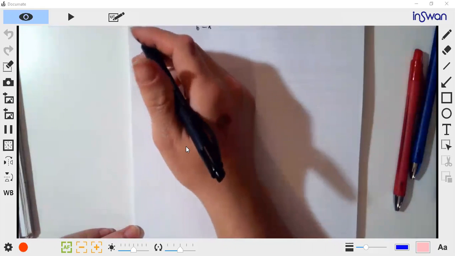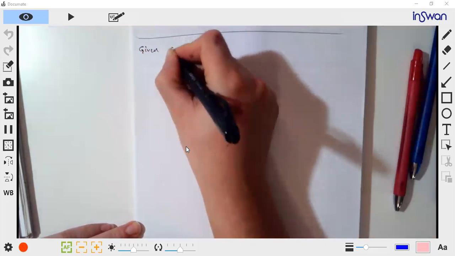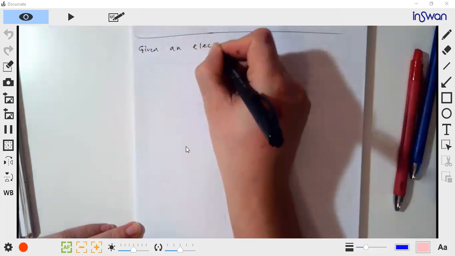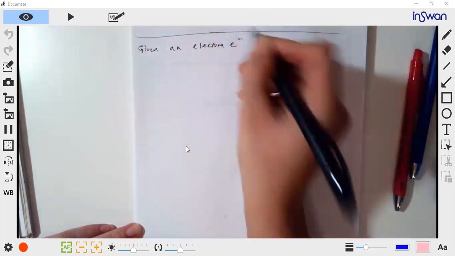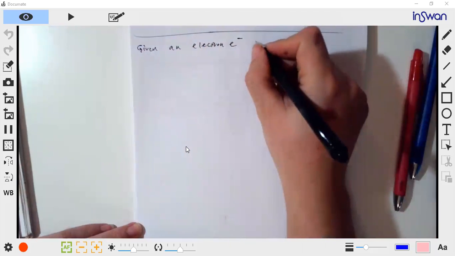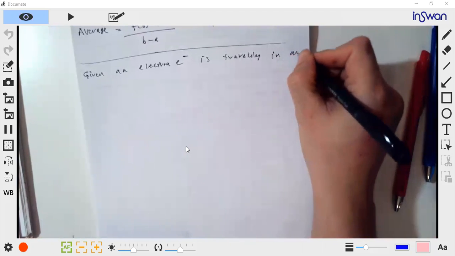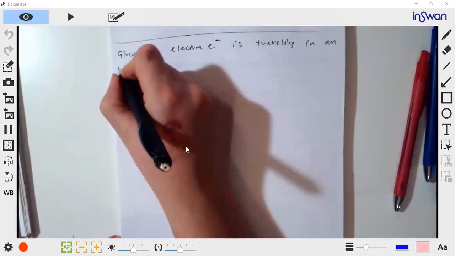So let's do another example. Given an electron, symbolize it with e minus, say that it's traveling in an electromagnetic field.